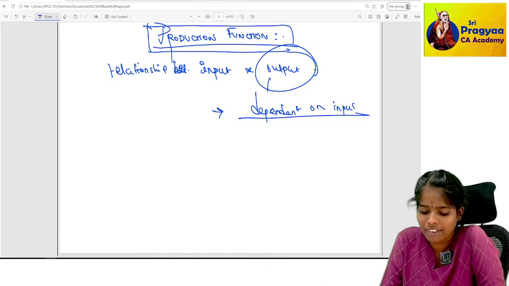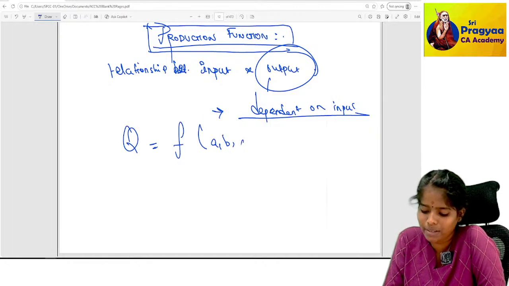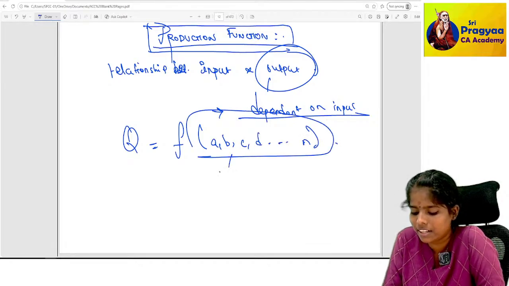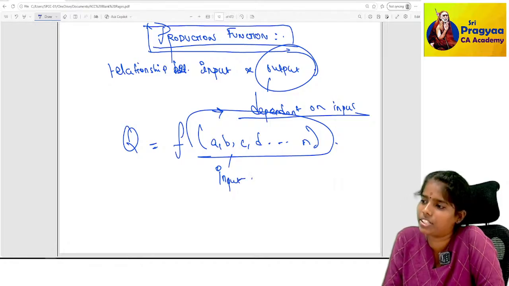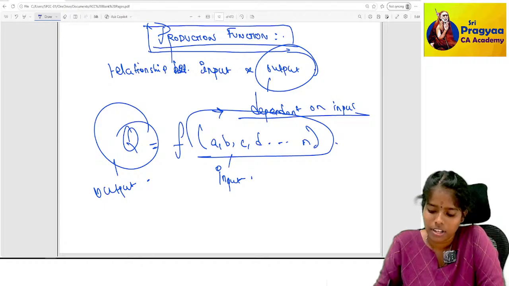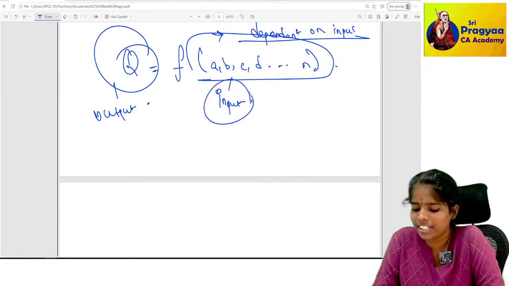So the function is quantity equals function of A, B, C, D until N. Here this A, B, C, D is the input, factors of production. Q is my output. Now input na factors of production சொன்னேன். இப்போ நம்ம என்னென்ன factors எல்லாம் பார்த்தோம்?